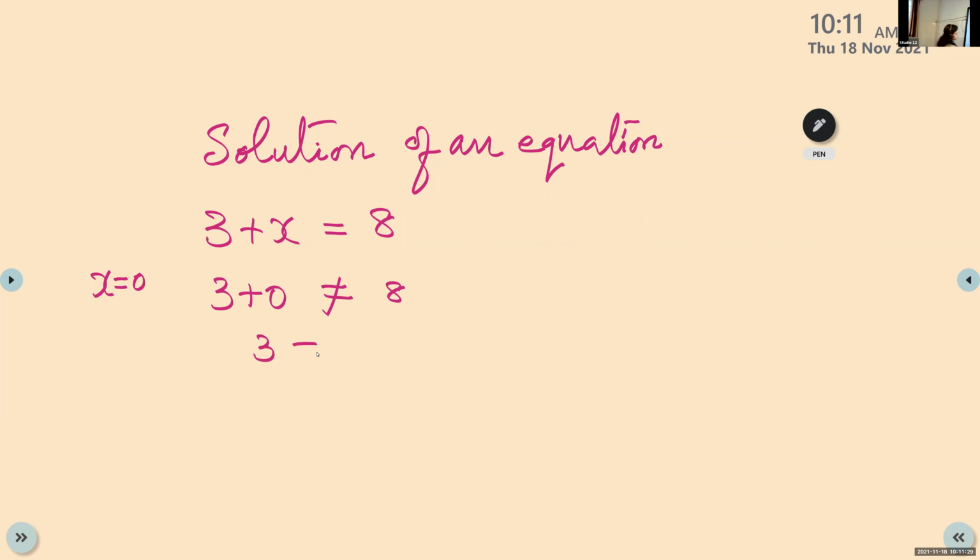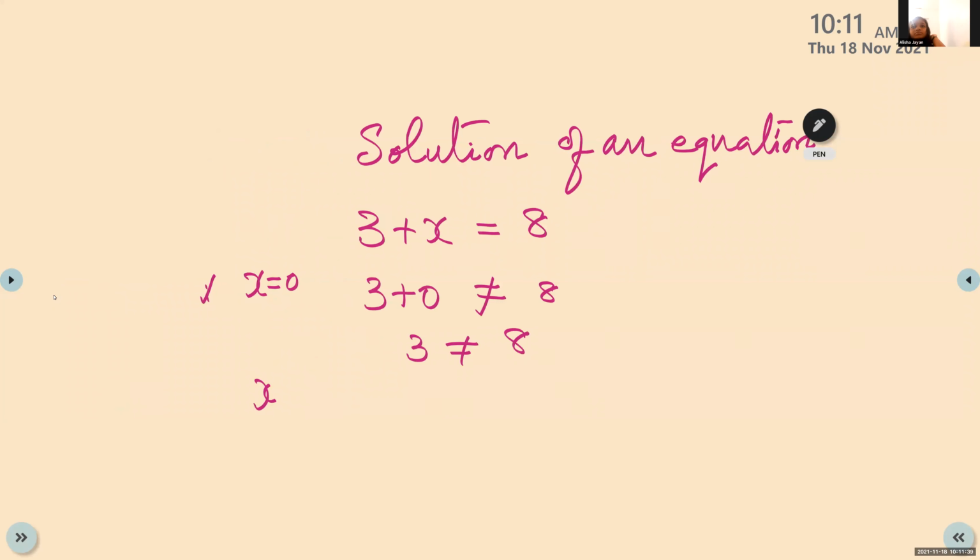That is not equal to 8. So, this solution is wrong. Now, we will take x is equal to 1. Next number, 3 plus 1 is equal to 8. That is also wrong, isn't it? 4 is not equal to 8. That is also wrong.